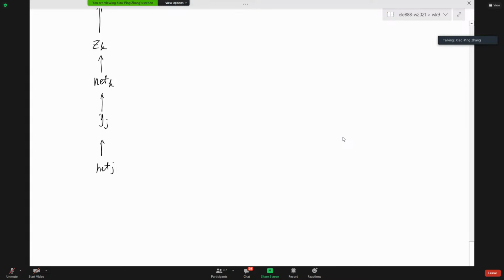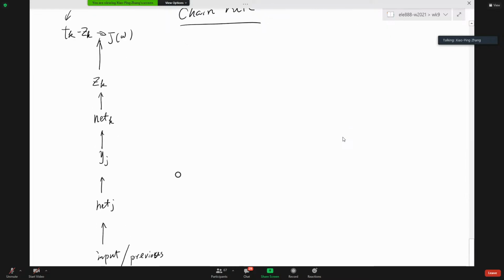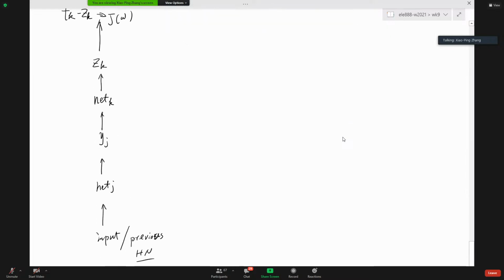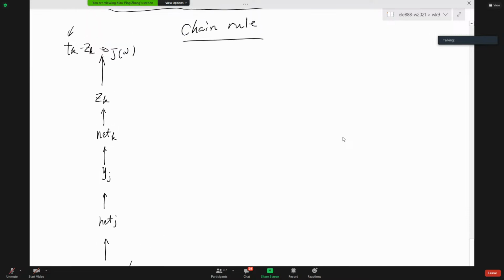If we assume it's one hidden layer, net j actually comes from the input, or from, let's say, the previous hidden node. But as long as we know how to do one hidden layer, we know how to do multiple hidden layers. We'll see.